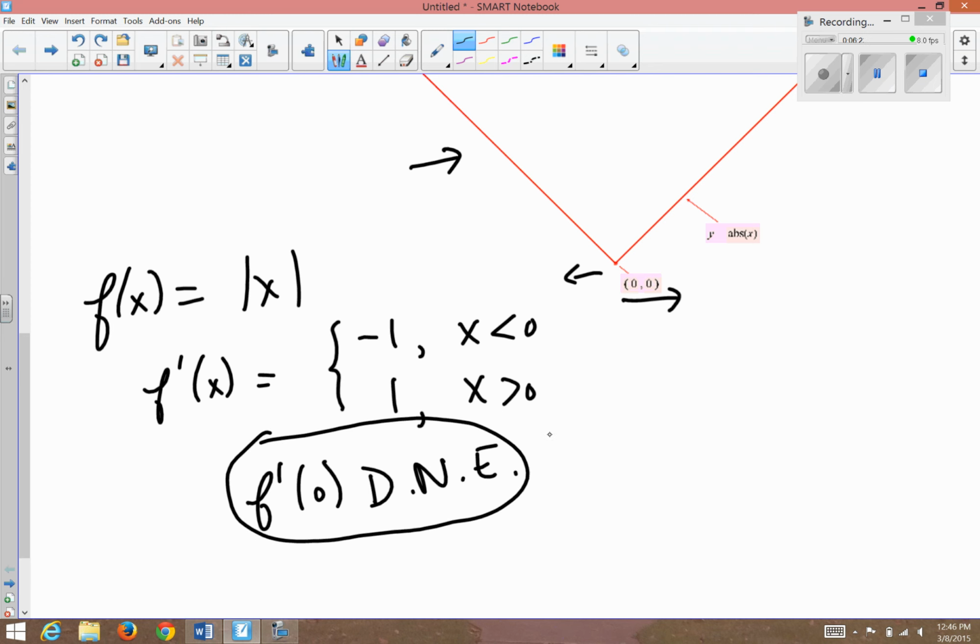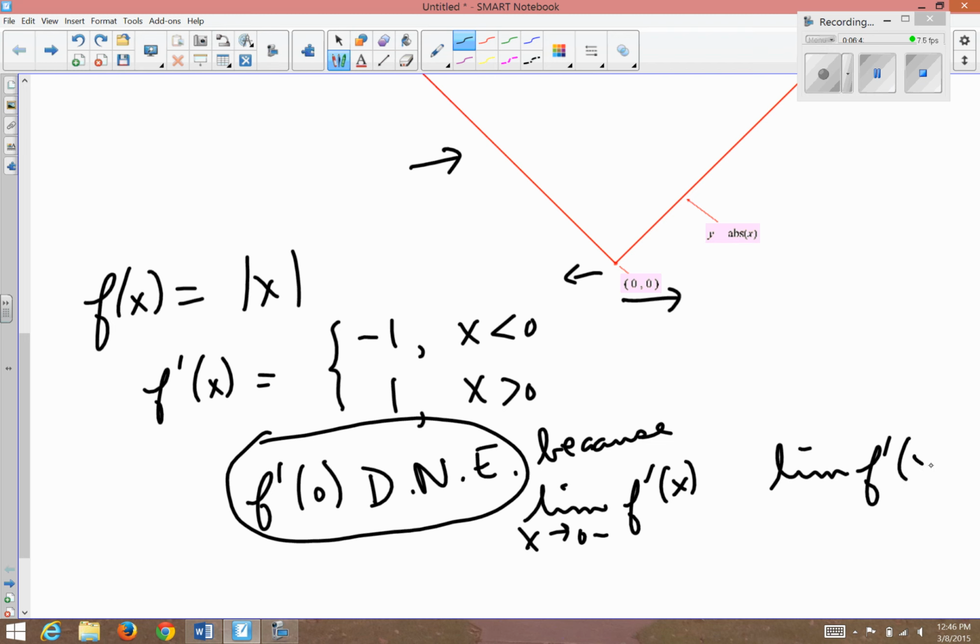Here's how we write that officially. Because the limit of f prime, that means the derivative, as x approaches 0 from the left, that would be -1, and the limit of f prime, the limit of the derivative, as x approaches 0 from the right, that would be +1. Those are not equal.